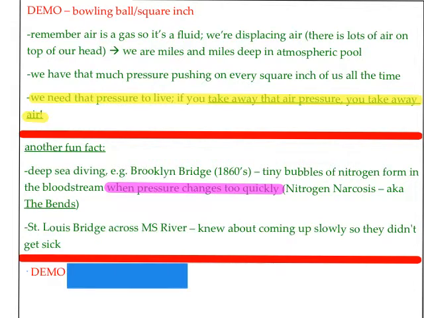And this is called nitrogen narcosis, or the bends. Well, across the Mississippi River on the St. Louis Bridge being built, they actually knew about coming up slowly, so those workers didn't get sick when they were building the bridge. So remember, if you're ever going to go diving, you want to make sure that the pressure that's on your body changes very, very slowly, otherwise you could get sick.